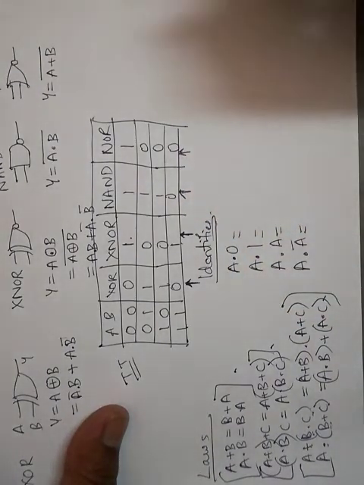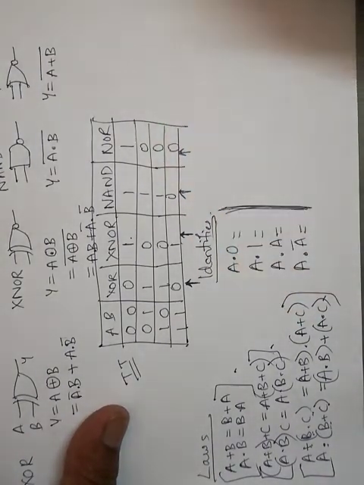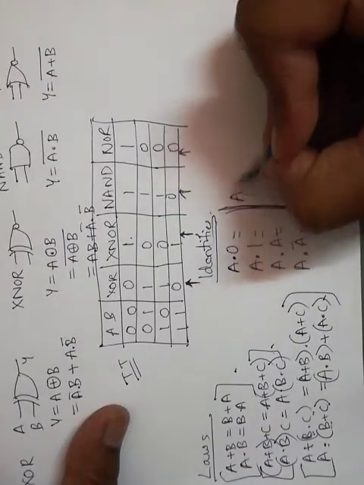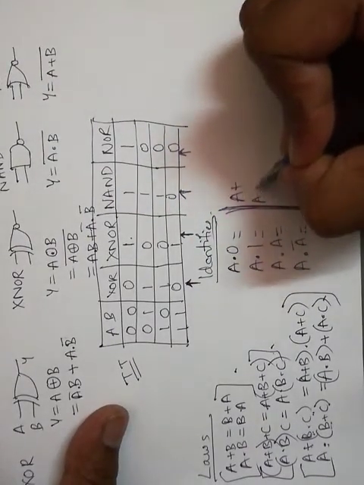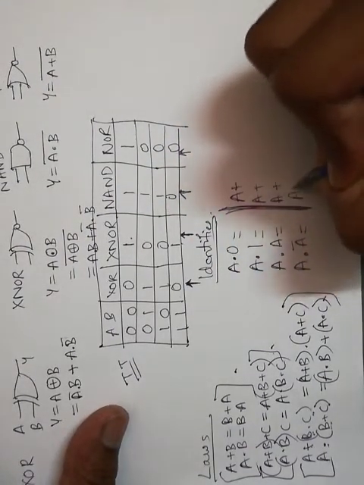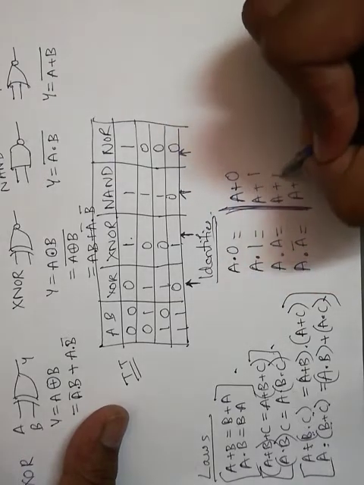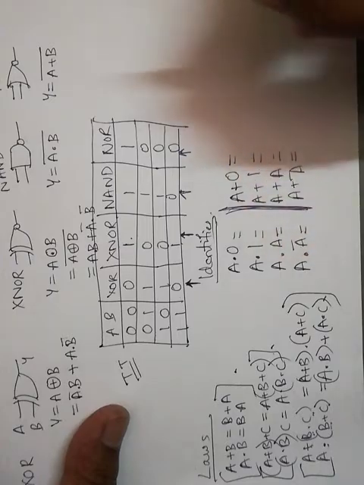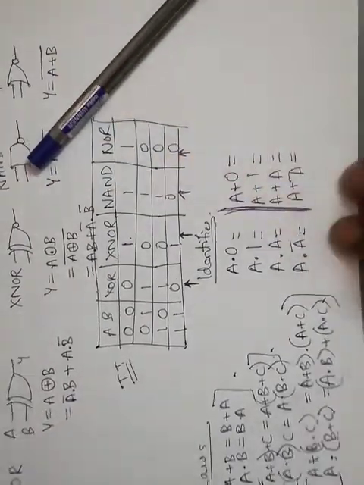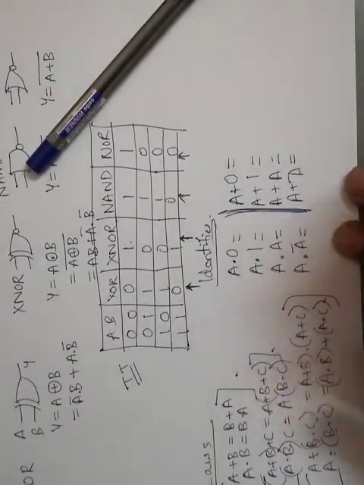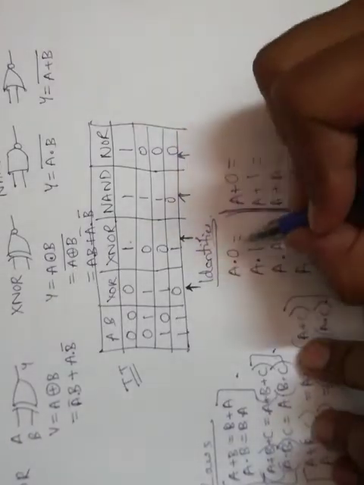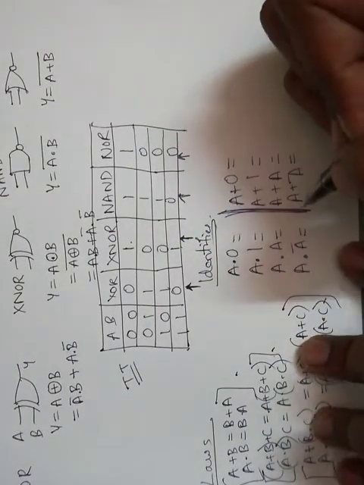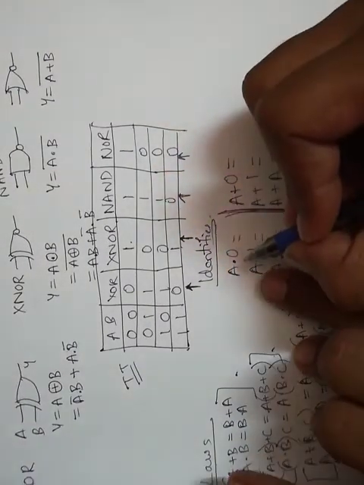Same thing we do with our mathematics also. Similarly, for OR gate, A can be ORed with either 0 or 1 or itself or opposite of itself. These are very important identities. Either we can remember or we can establish how these are obtained. I suggest trying to understand.